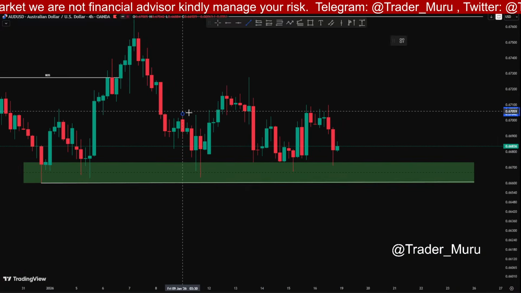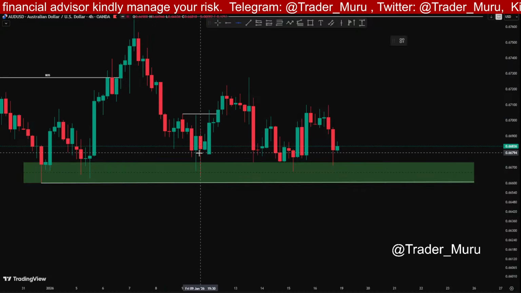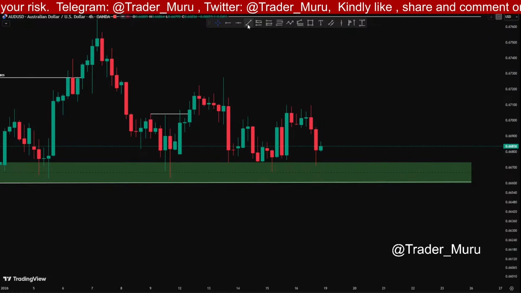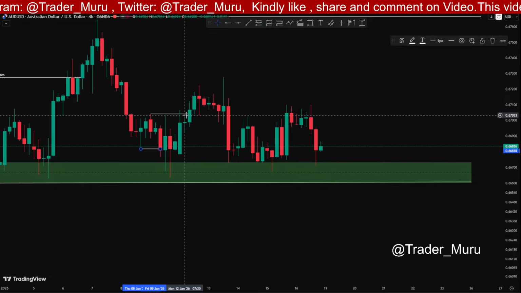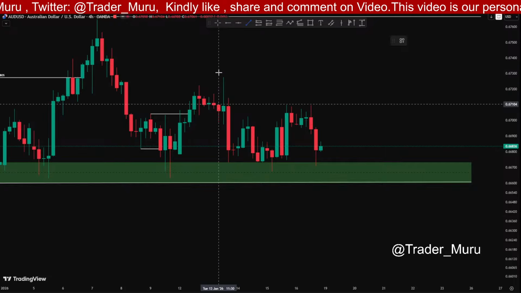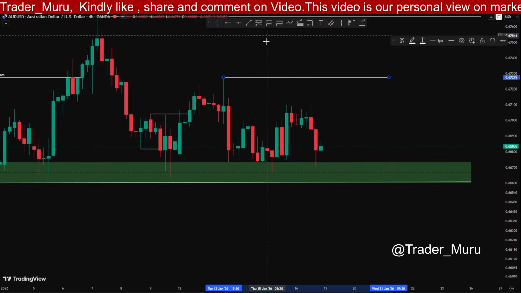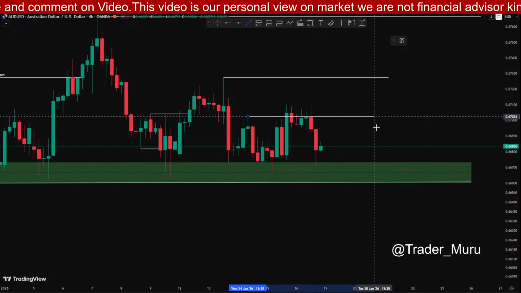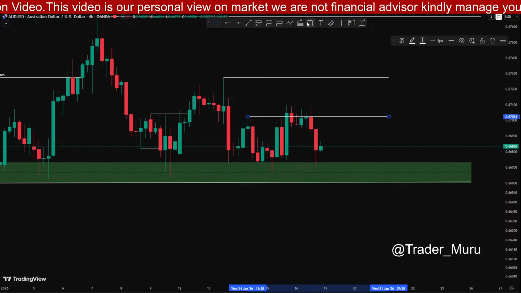This is our change of character. Okay, this was our breakout structure, this is our change of character, and price is trying to hold this level. After the retracement, we are watching for a 2 candle closing above this high.